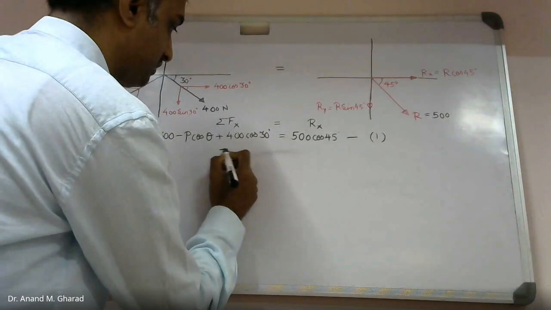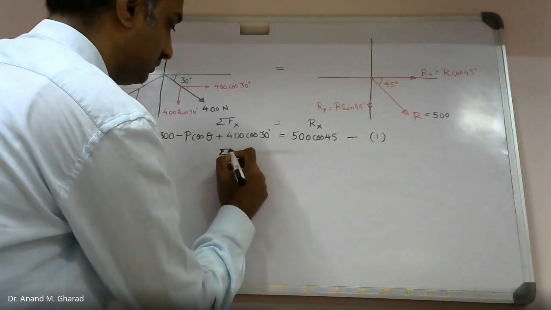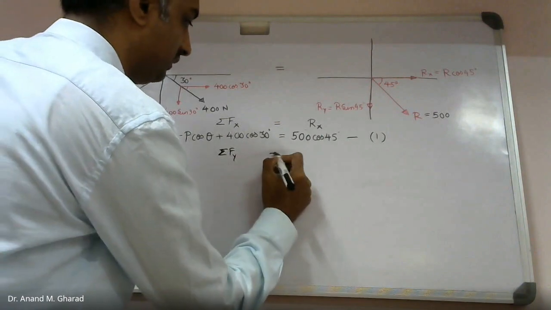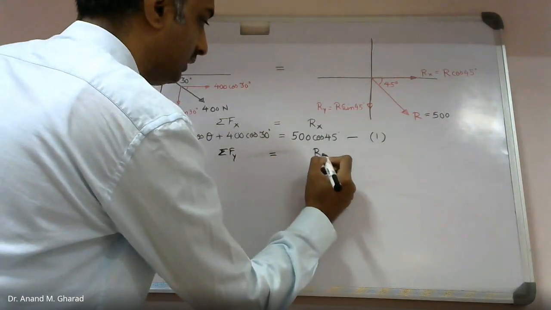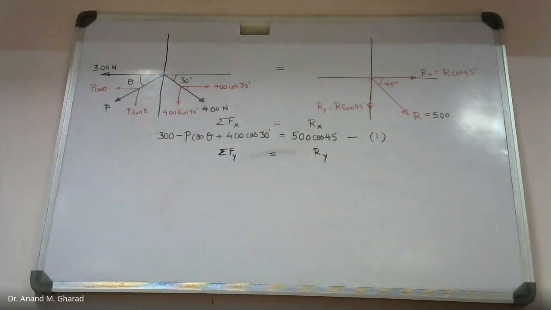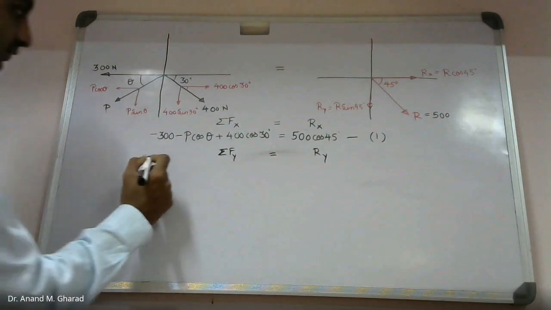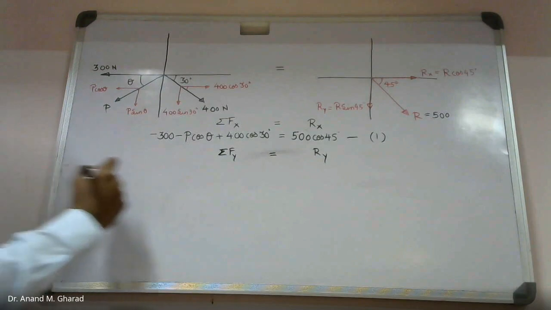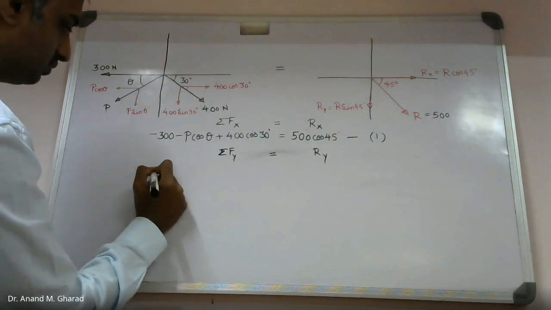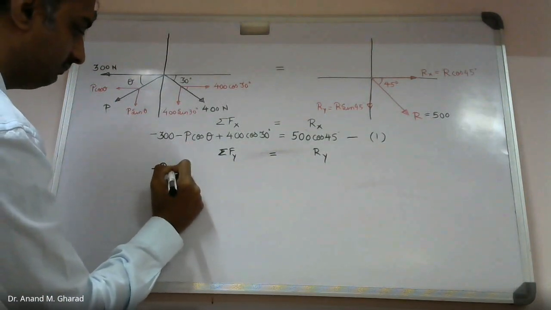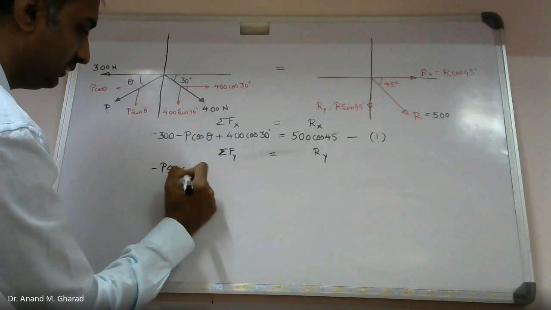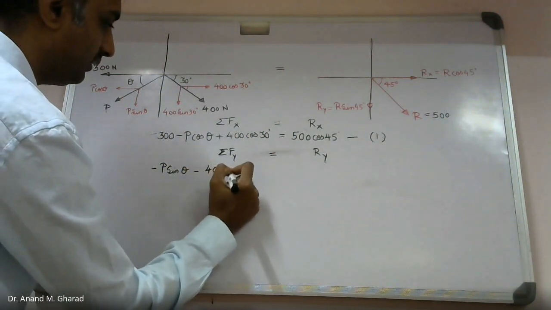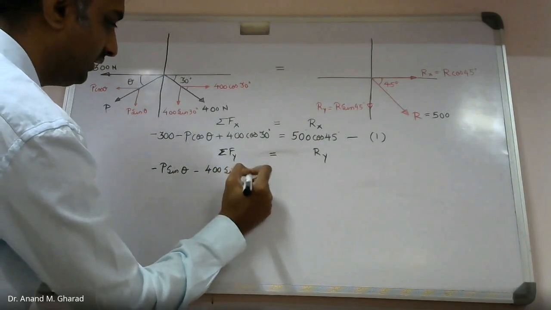Next, the summation of all the forces in the y direction will be equal to Ry. I will note down all the forces which are acting in the y direction. So let me say minus P sine theta minus 400 sine 30.